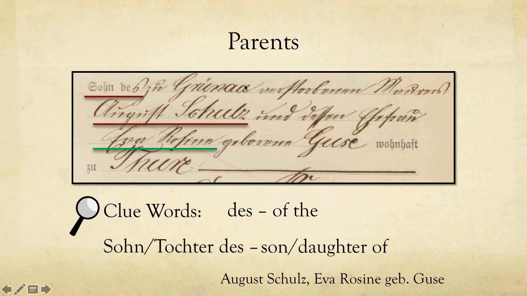Now you may be wondering what all of this information is up here. That's extra information talking about the dad. It tells us where he died and his occupation. But for our purposes today, if we're just looking for the parents' names, look for your son, des, son of, and then the father's name and the mother's name will follow.